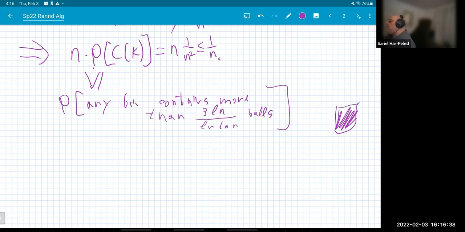What the calculation implies is that no queue would be overloaded by too much, even in the worst case, right? So it's kind of good. It says that things are going to be pretty evenly balanced across the queues or the servers, just by doing this random partition of the jobs, which is good news.